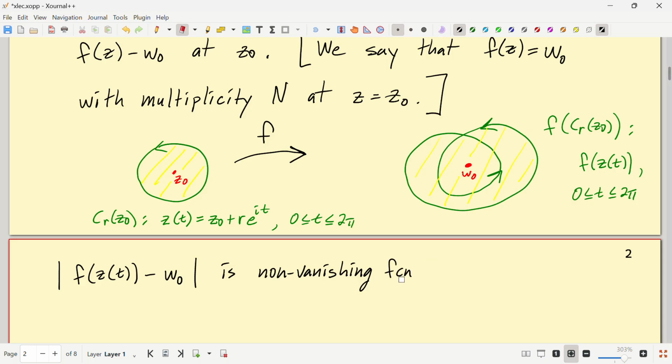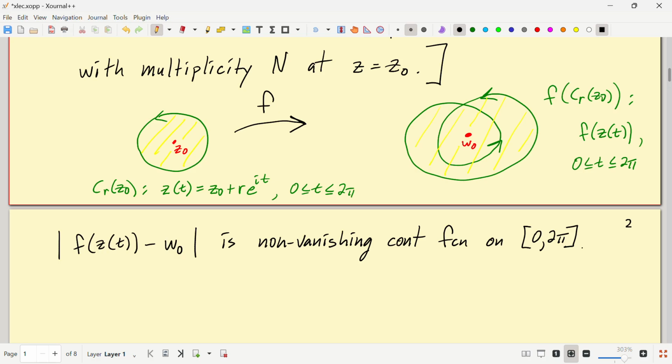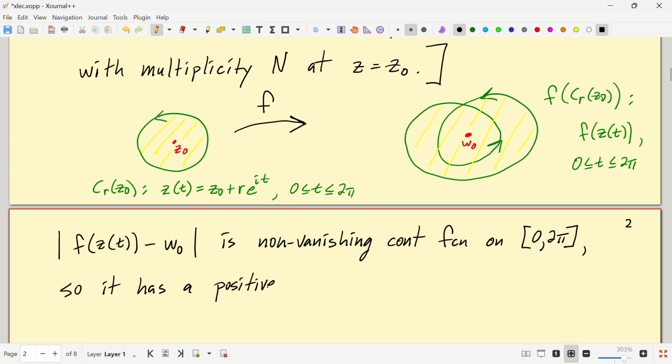What does a continuous function on the closed interval 0 to 2 pi do? It assumes its minimum. So it has a minimum, and that minimum is positive. Let's call it m.